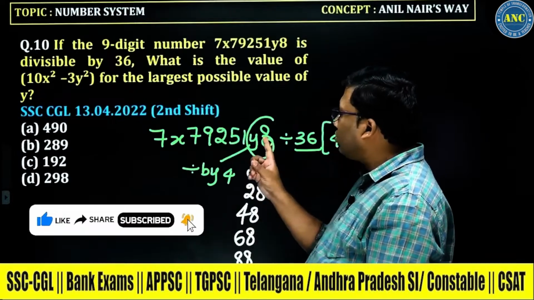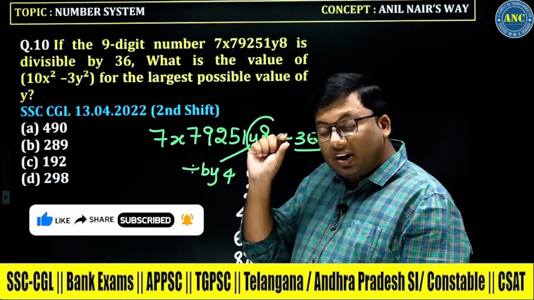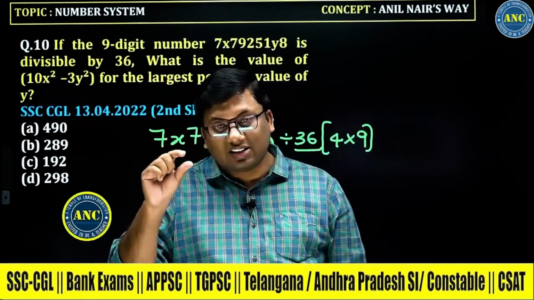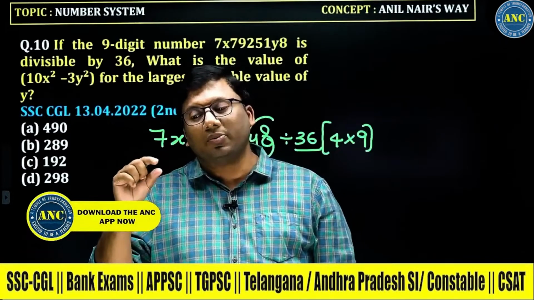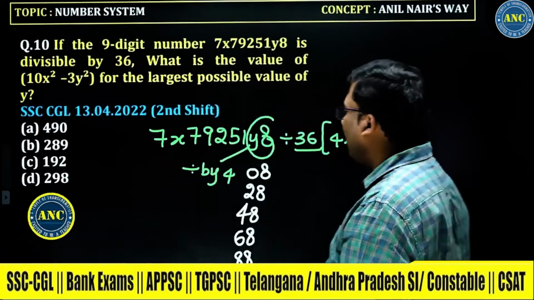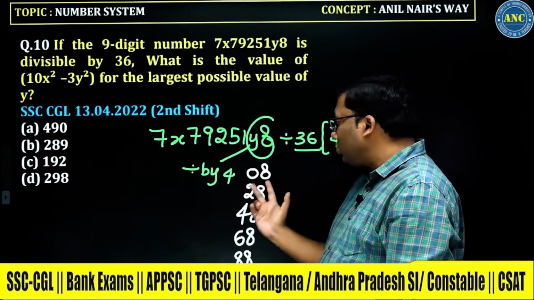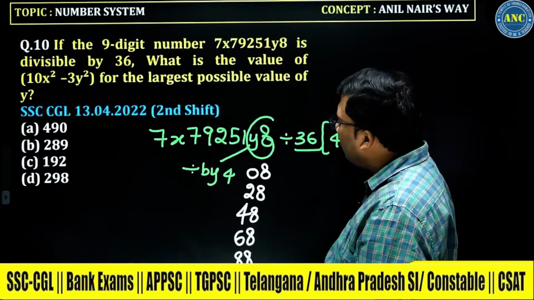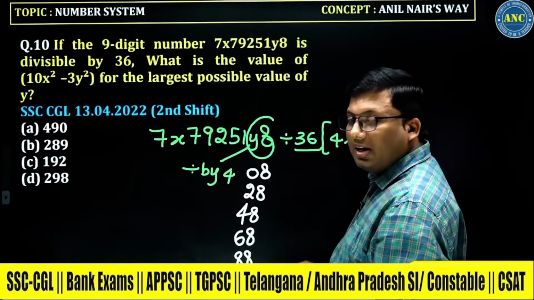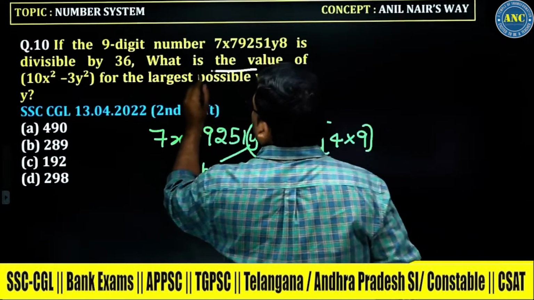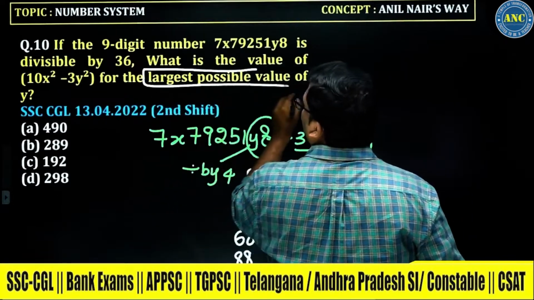7x7925 The number is divisible by 36. 36 means it should be divisible by 4 as well as 9. For a number to be divisible by 4, last 2 digits should be divisible. I got multiple cases. Question is, what is the largest value of y?